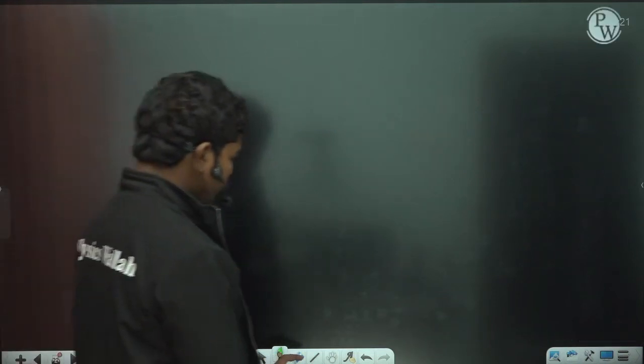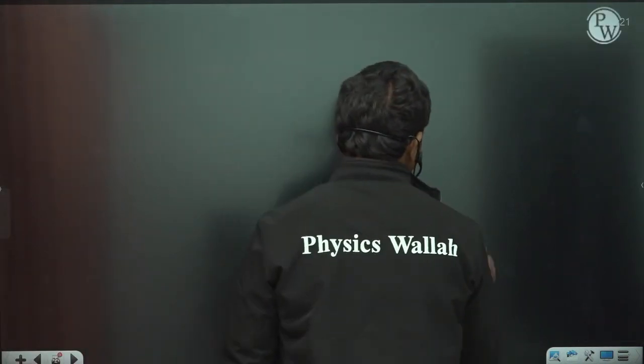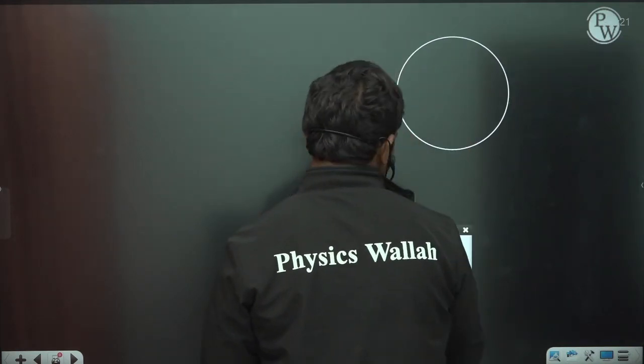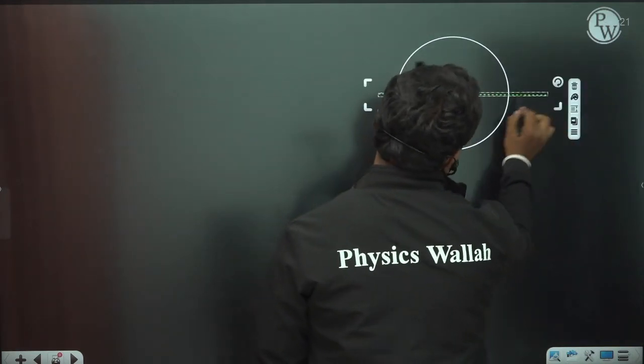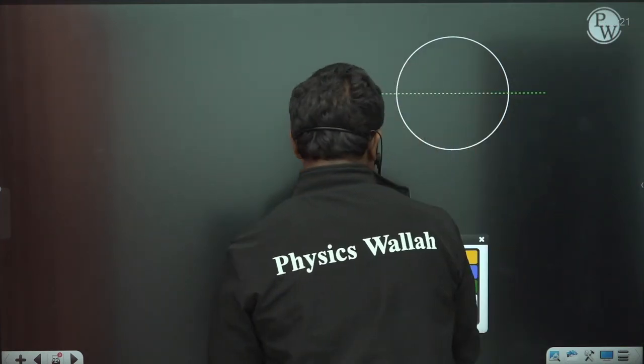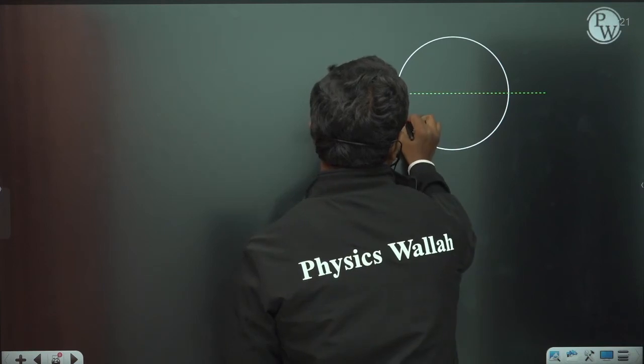So see here carefully, there is a hemispherical parachute like this. Let me make a hemispherical parachute first of all.